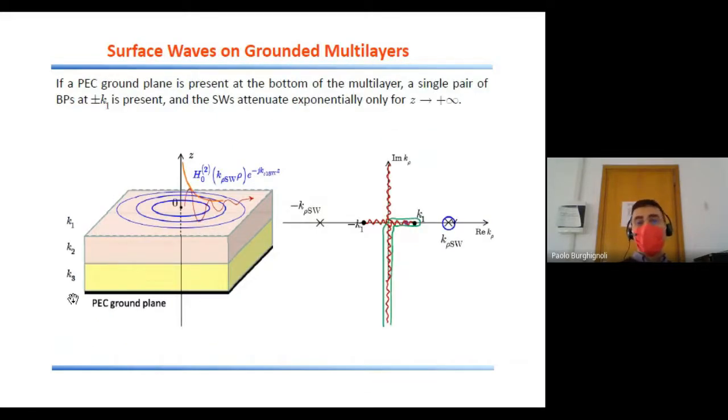If there is a perfectly conducting ground plane or any structure that is not penetrable by radiation, you will not have any electromagnetic field, for example, in one of the two half spaces, in this picture the bottom half space. So you need just to introduce a pair of branch points associated with the upper medium, k1. But all the rest is exactly the same.